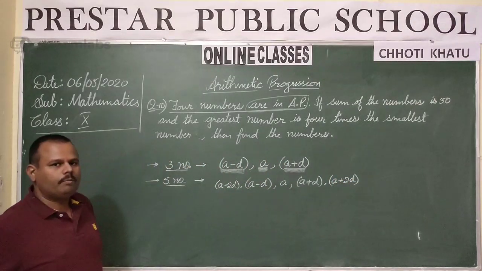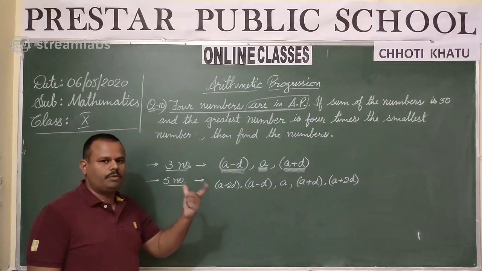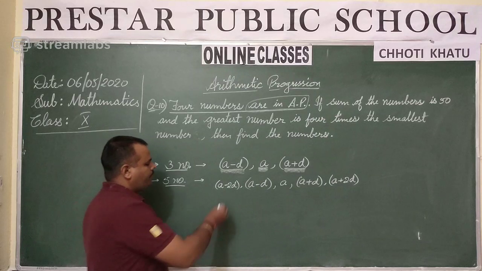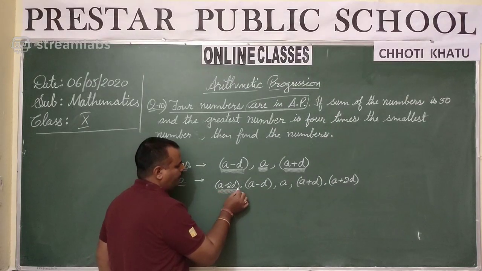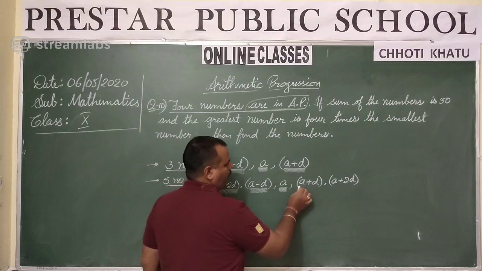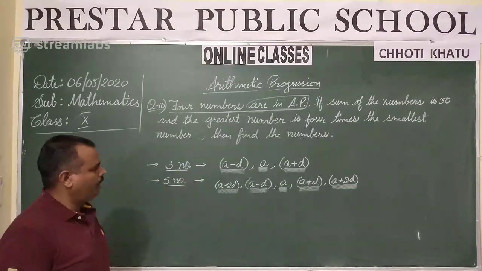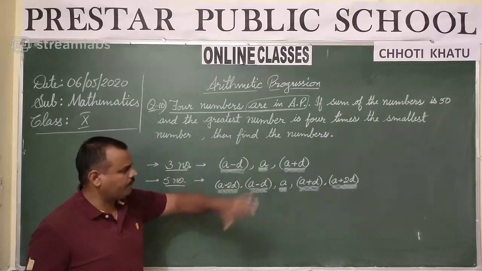So anywhere you come across such questions where you have to take five numbers in AP, the best numbers to consider will be A minus 2D, A minus D, A, A plus D and A plus 2D. So this is about odd numbers.